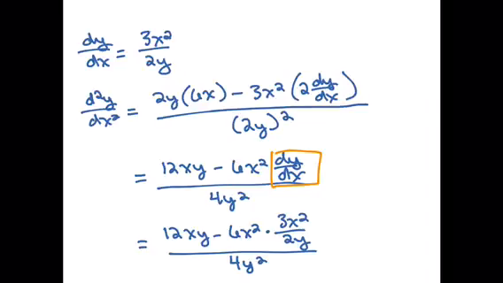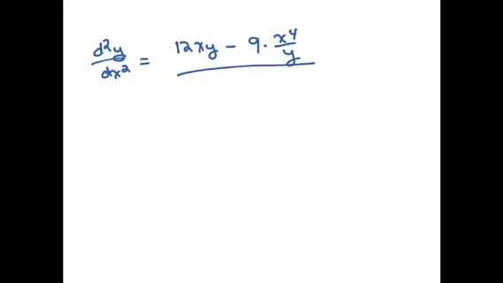and we'll clean this up. Six times 3 is 18, and 18 over 2 is 9. And we get times x to the 4th over y, over 4y squared.